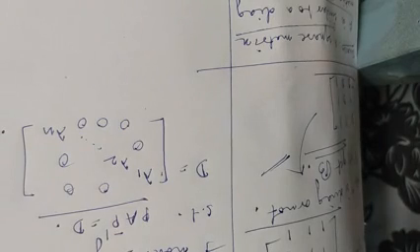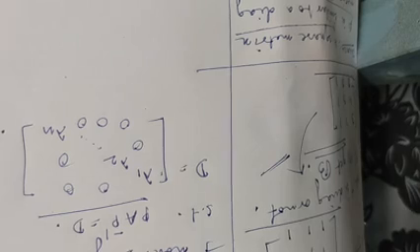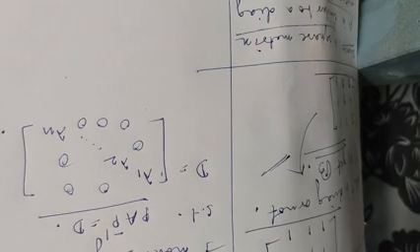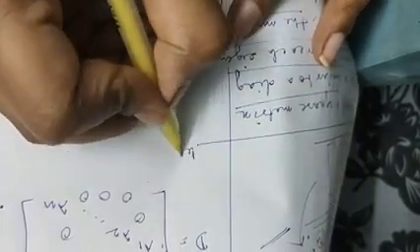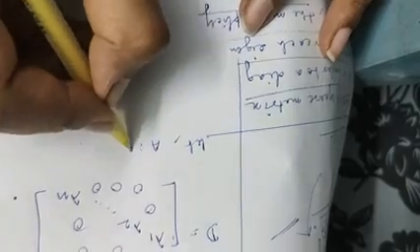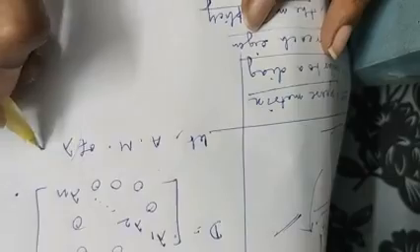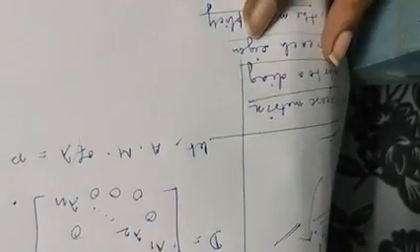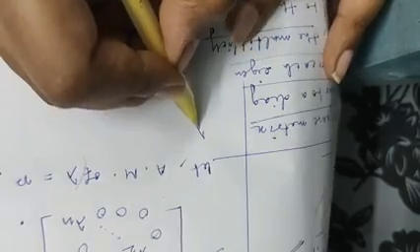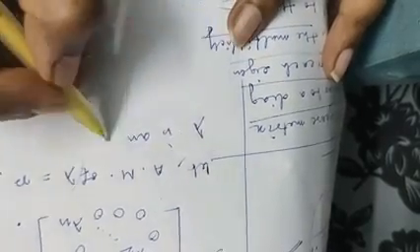Now consider lambda to be an r-fold eigenvalue. We need to prove that the algebraic multiplicity of lambda and the geometric multiplicity of lambda should both be the same. So let the algebraic multiplicity of lambda, any of the eigenvalues, be equal to r. That means lambda is an r-fold eigenvalue.